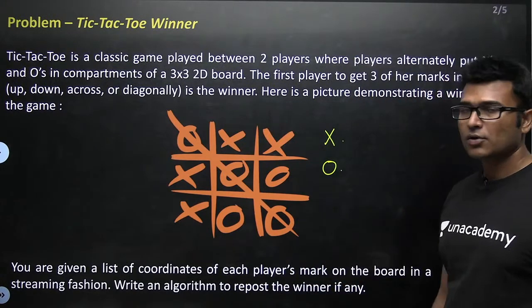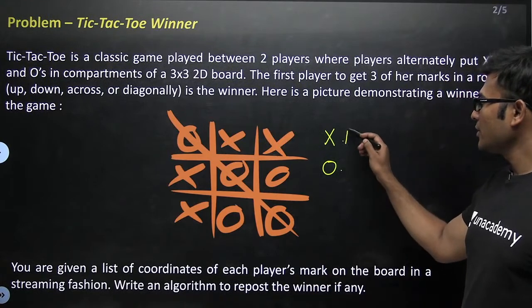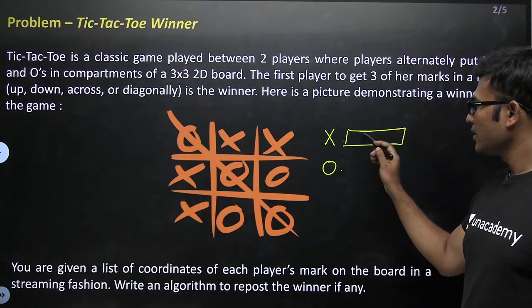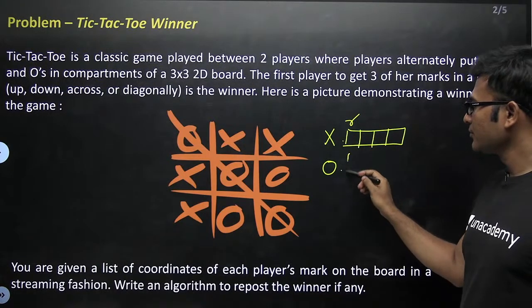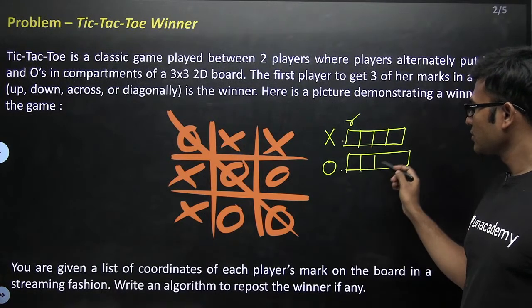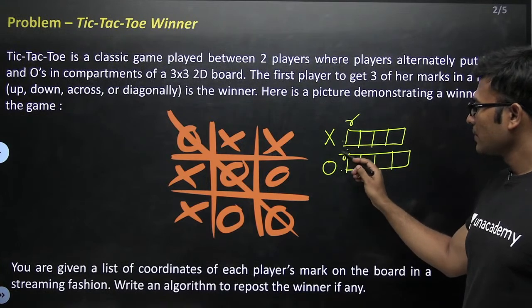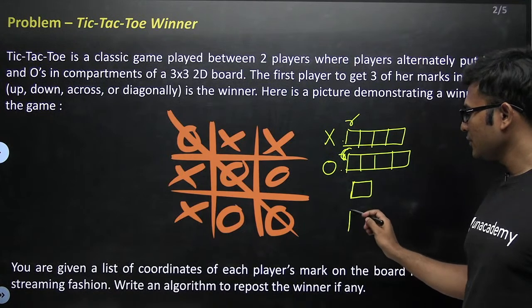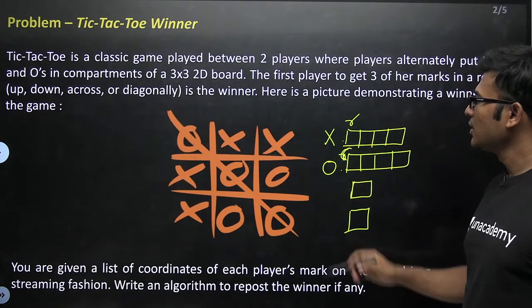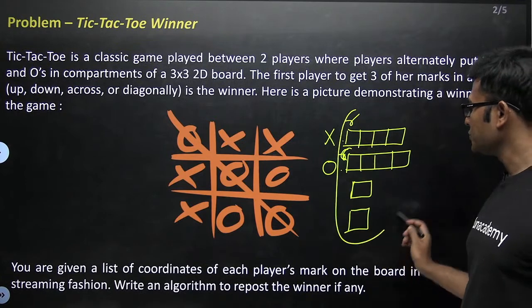So here what we are going to have is a rows array for this player, and then a columns array for this player, and then one for the diagonal and another for the anti-diagonal variables, right? For each player we are going to have these data structures.